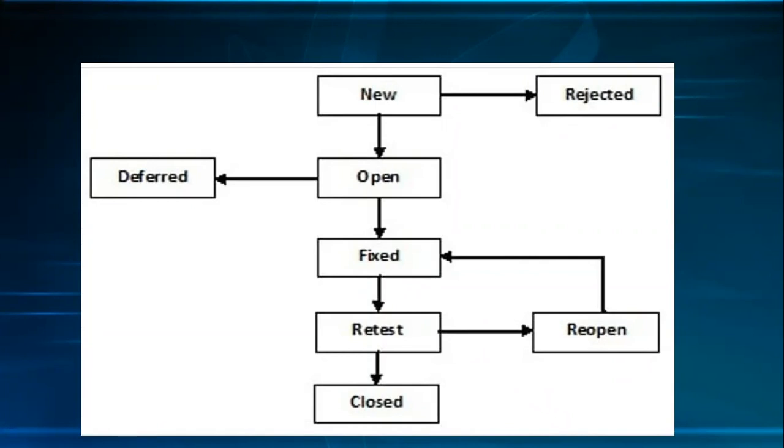If he says, oh, yes, I agree it's a bug, but before this bug can be fixed, we need to do this fix, we need to add this into it, then we can defer the bug. Leave it opened as active, but it will be deferred until the other criteria have been met.